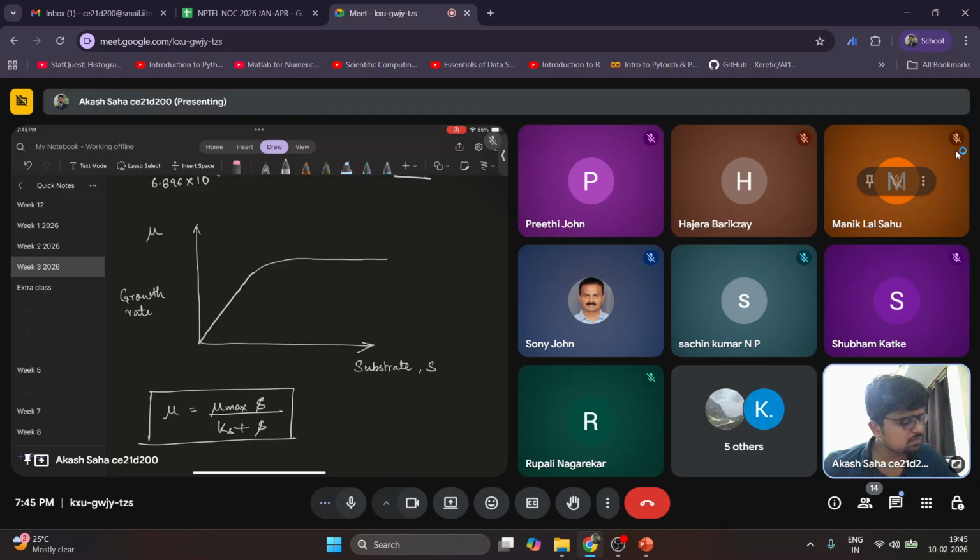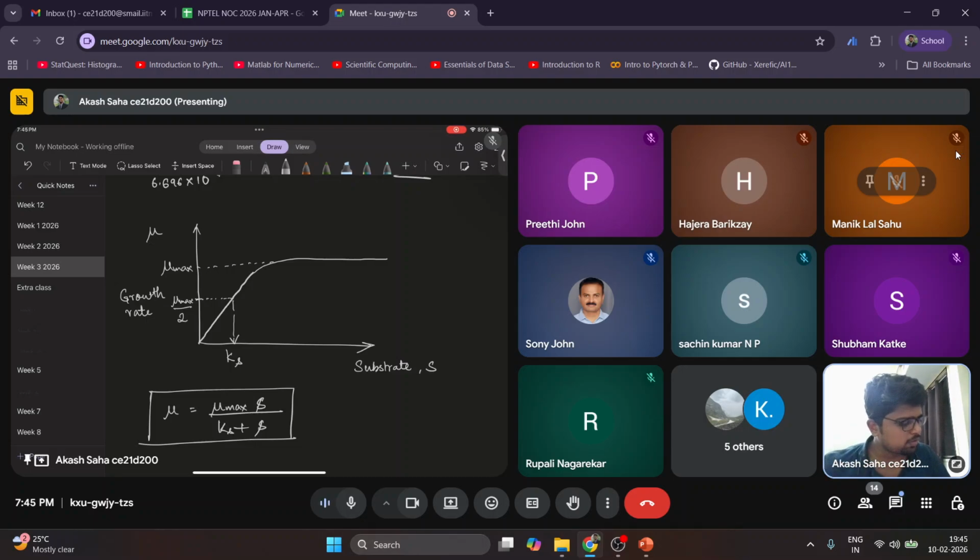Now, this level is the maximum growth rate. At half of this maximum growth rate, that is mu max by 2, we interpolate and find out what substrate is required. This we call Ks, or the half saturation constant.